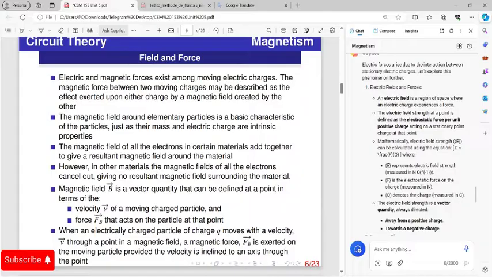Anytime you see an electric charge moving, magnetic force is in action, and electric force is also in action. And he's saying the magnetic force between two moving charges may be described as the effect exerted upon either charge by a magnetic field created by the other.